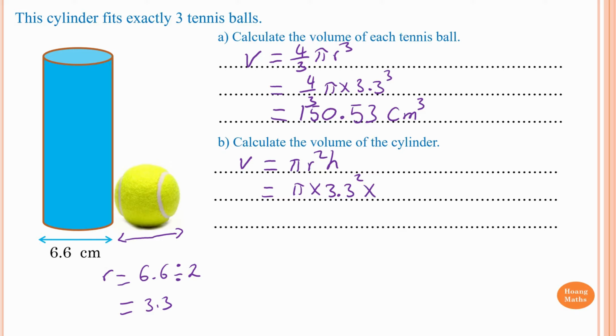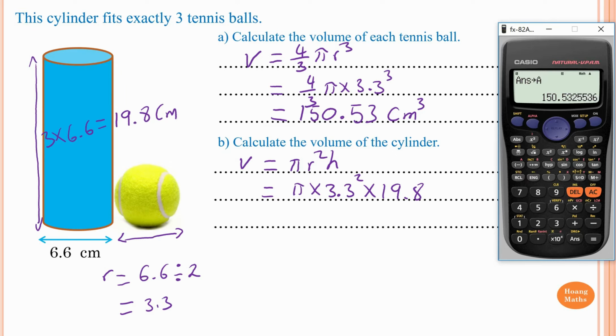Now the cylinder fits exactly 3 tennis balls. So the height is 3 times 6.6, because each ball's diameter is 6.6, so 3 lots of them. That is 19.8 centimeters. So this is the height of the cylinder.